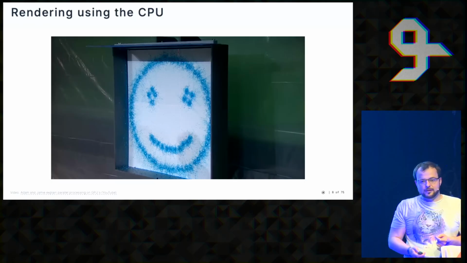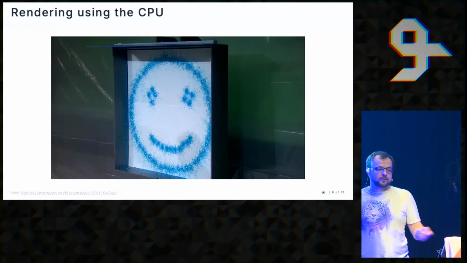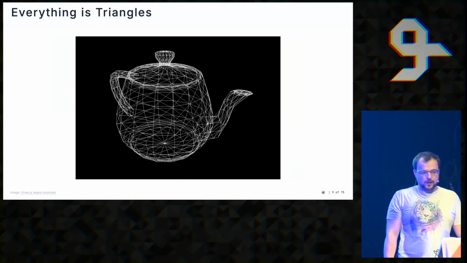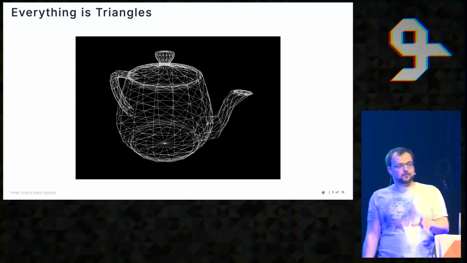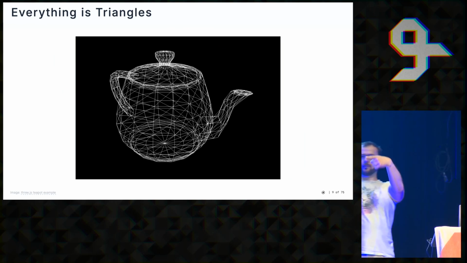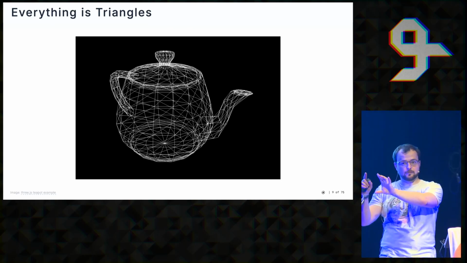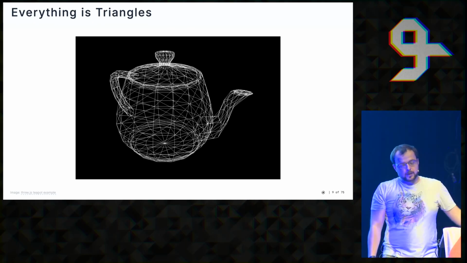So we need to decompose things to make it a little easier. And the first thing where we break it down is we just say everything is triangles. They are very simple geometric primitives. They are always in one plane. If you have 4 points, you can have weird shapes that you don't want. So we're using triangles.